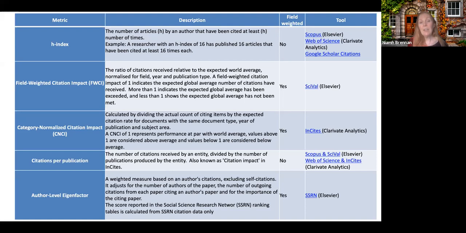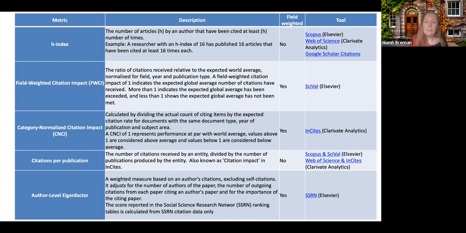A field weighted citation impact of 1 indicates the expected global average has been received. Anything more than 1 indicates the expected global average has been exceeded. So if your field weighted citation impact is 2, that means you have doubled the world expected average citations. And that's a really good thing to report. 1.5 means you've achieved 50% higher than the world average expected citations.